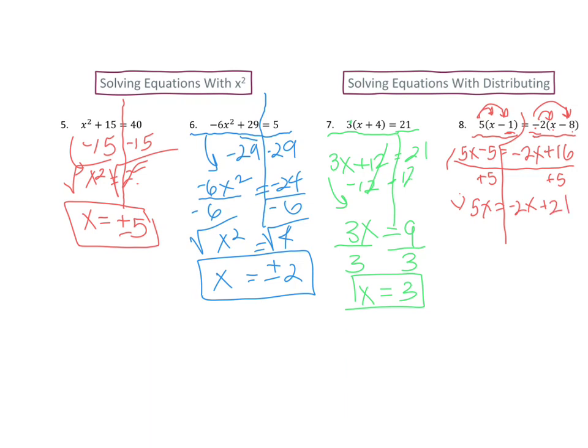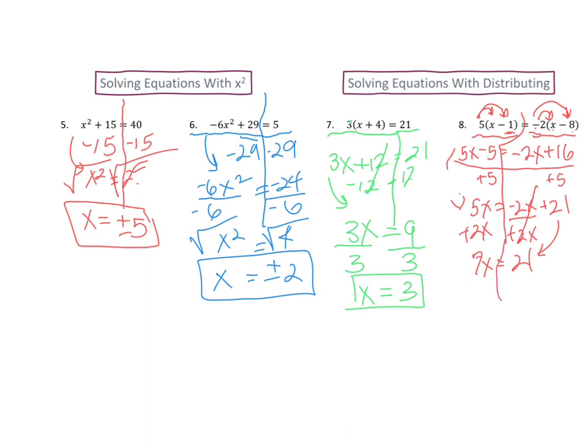Now I have to get rid of this negative 2x. The opposite of negative 2x? If you said plus 2x, you are so right. So I add 2x. 5x plus 2x is, and this goes away, and it leaves just the 21 to bring down. 7x equals 21. We're in good shape again.